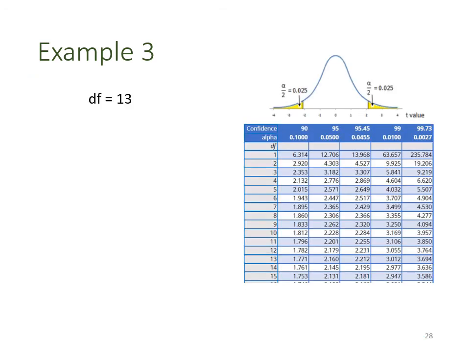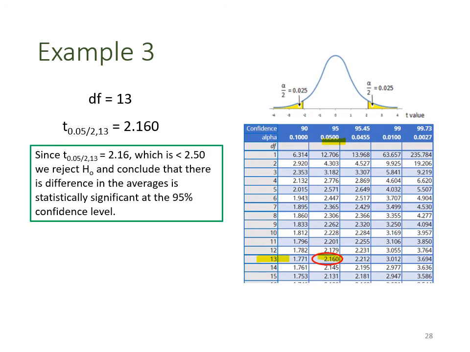So again, we will use a two-tailed t-test. I apologize. So we've calculated, here we have 13 degrees of freedom. We're using an alpha value of 0.05 or a 95% confidence interval. So we have a critical t-value of 2.16.